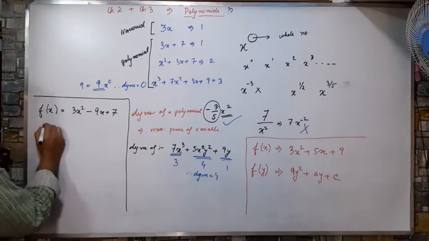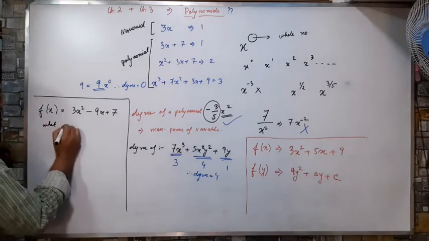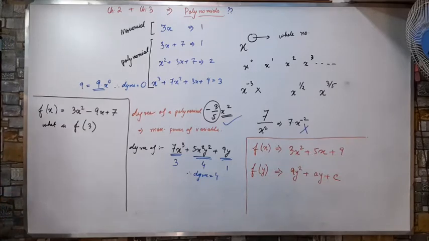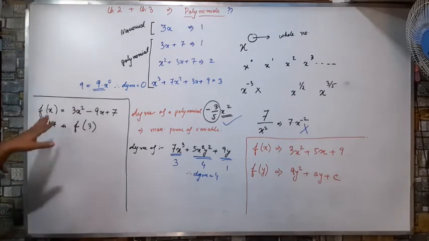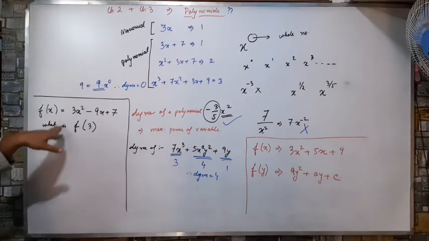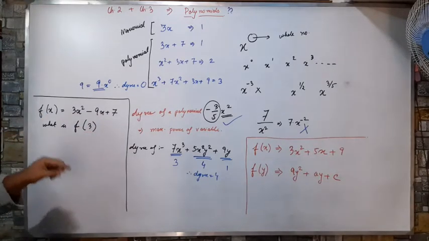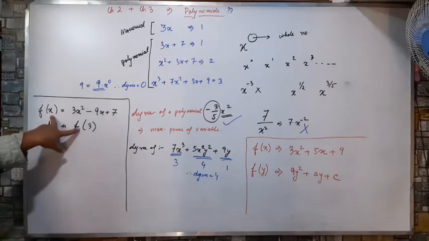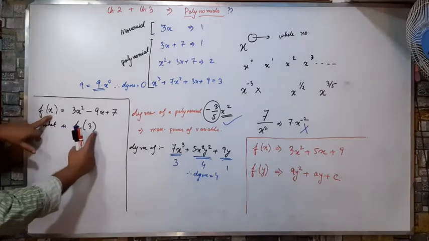Then what is f of 3? Here f of x is given. That means the variable considered is x, not anything else. If I am writing f(3), what does it mean? It means that the value of x is 3.